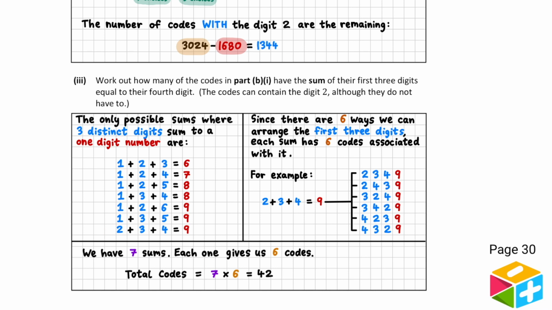Our final answer won't be 7, and that's because we have to consider the ordering of the first 3 digits. As an example, consider the sum 2 plus 3 plus 4 is 9. We have to think about how many different ways we can arrange the 2, the 3 and the 4. If I start with the 2, there's 2 options to finish off, 3, 4 or 4, 3.